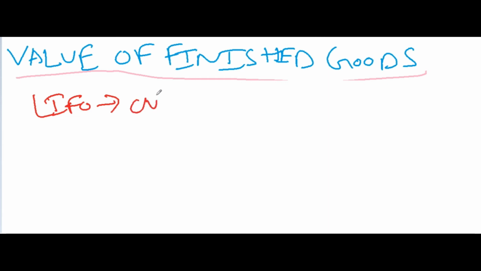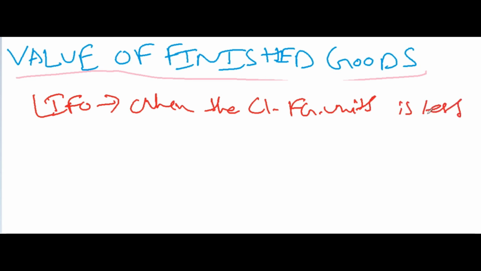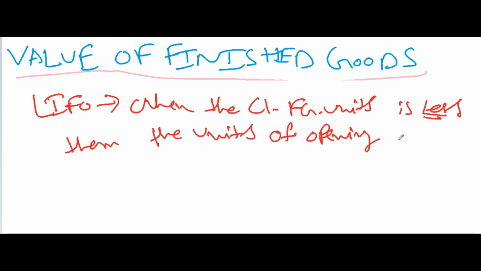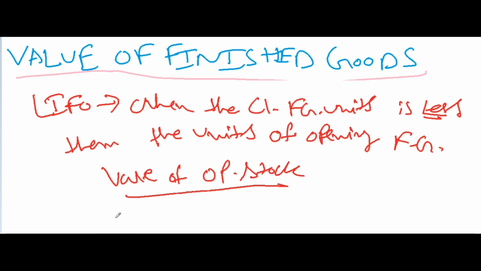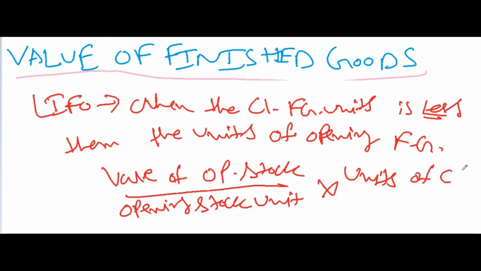When the closing FG units, FG stands for finished goods, is less than the unit of opening FG, the formula is simple: value of opening stock by opening stock unit into unit of closing stock of finished goods.